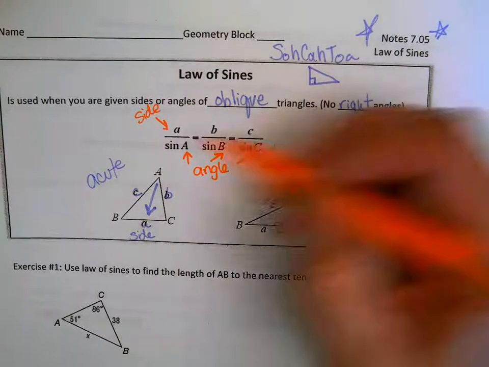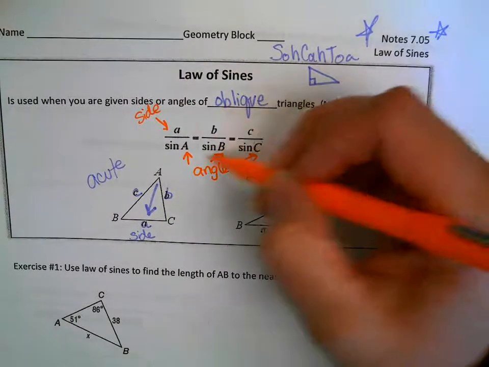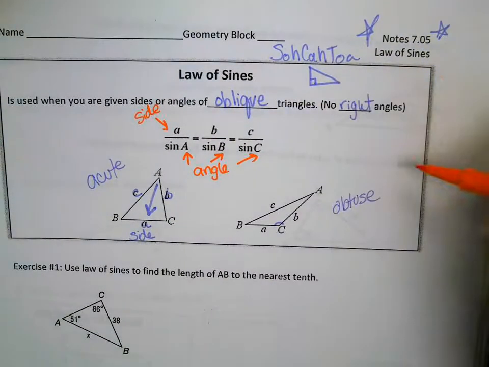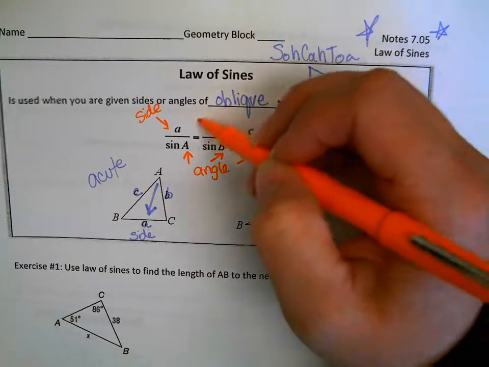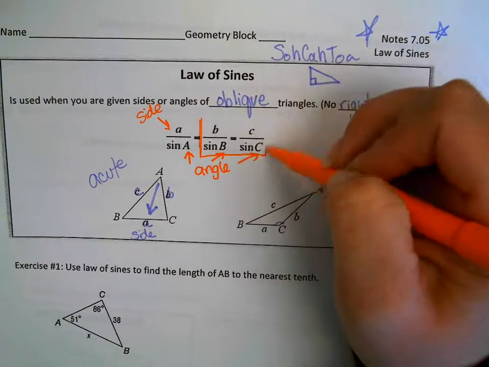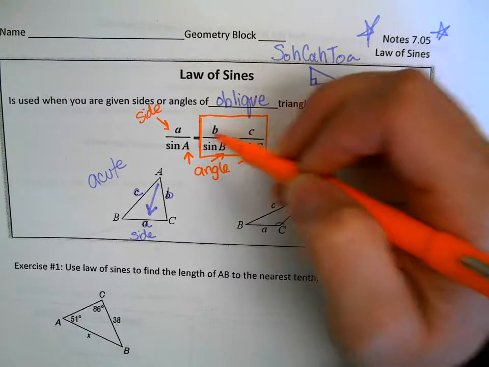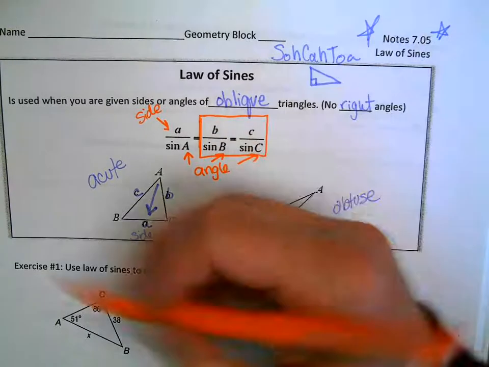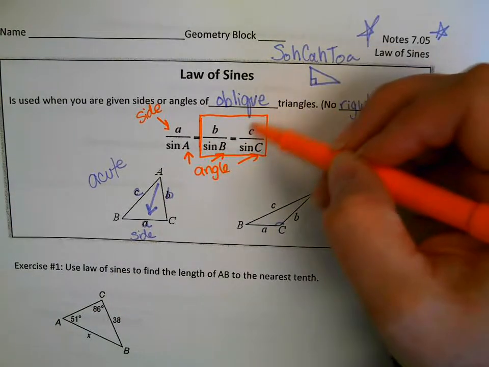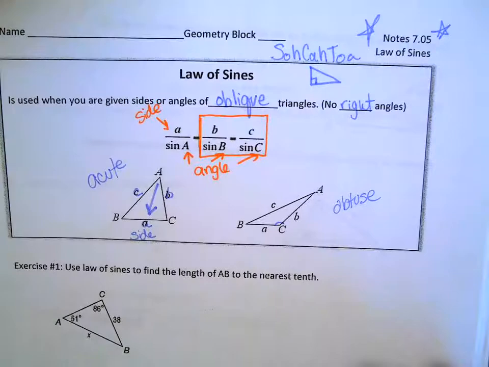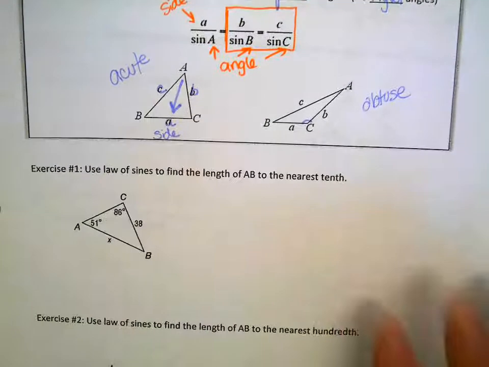We have 3 fractions here, but remember, we're only going to look at 2 fractions at a time, so I'm just going to box out these 2. There are 4 pieces in your proportion. You're going to know 3 of those pieces based on a picture, and you're going to cross multiply to find the 4th. So let's jump into an exercise.